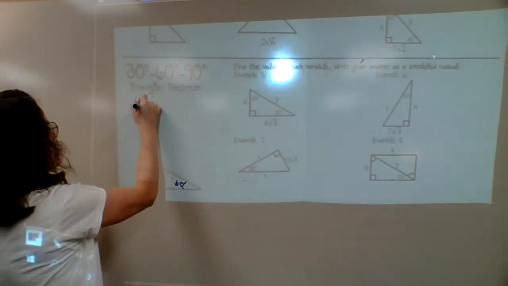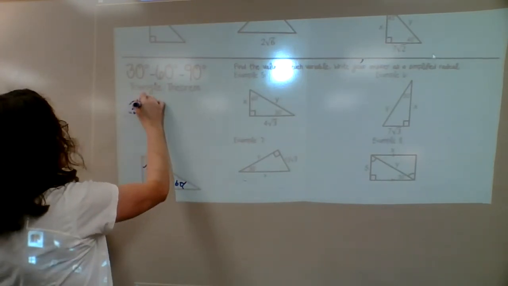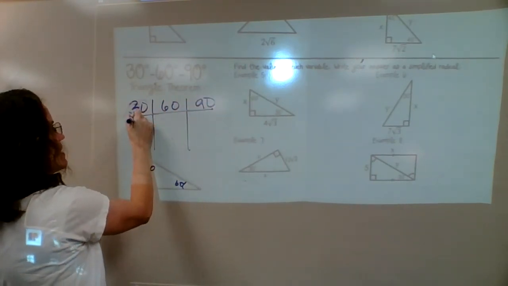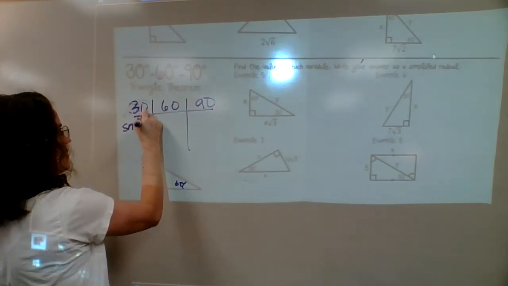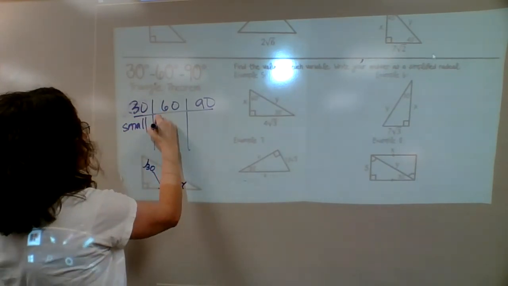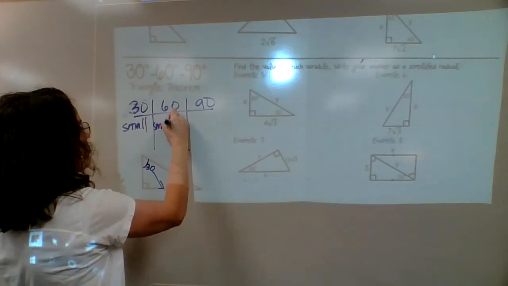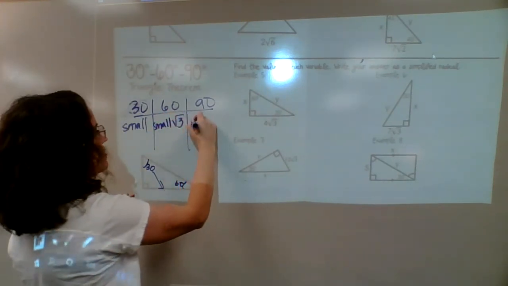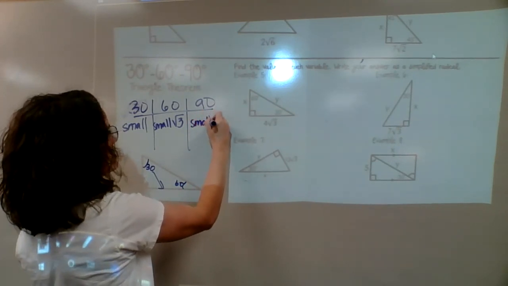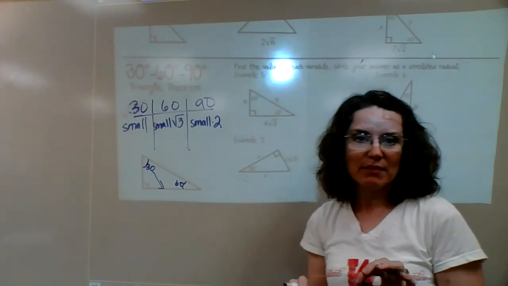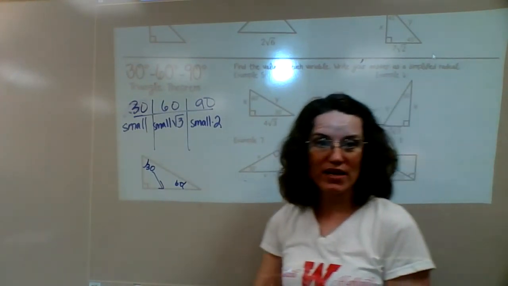So for 30, 60, 90, remember the side opposite the 30 will be your small side. Your side opposite your 60 is going to be whatever your small one was times the square root of 3. And then your hypotenuse is always going to be your small side times 2. And so those are your setups to help find the special sides of right triangles.